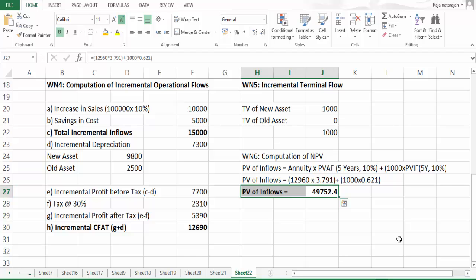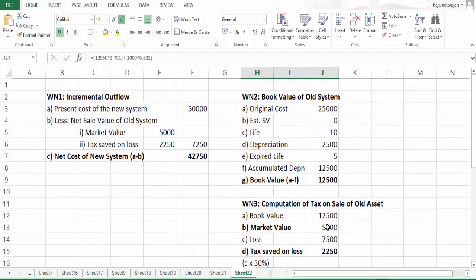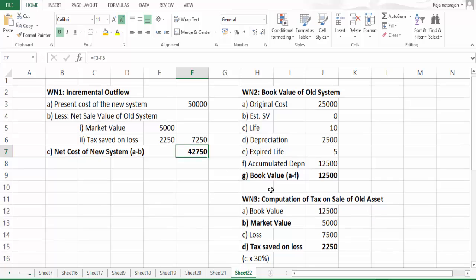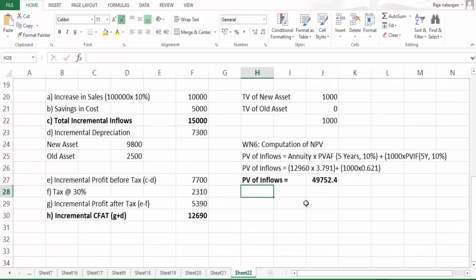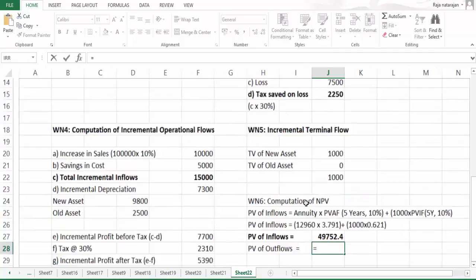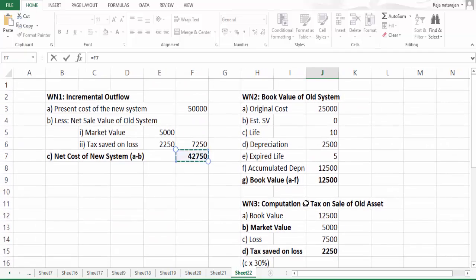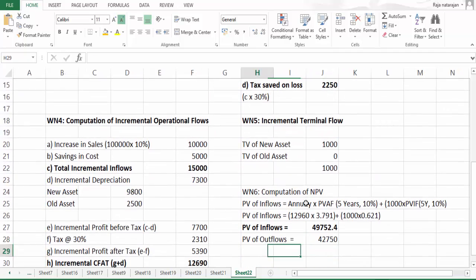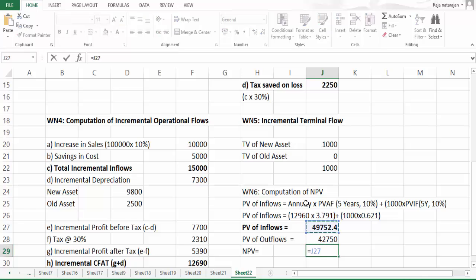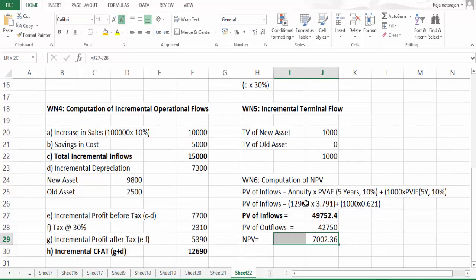Now this should be compared with the present value of outflow. So what is my incremental outflow? This is 42,750. So present value of outflows is equal to 42,750. So I should find out the NPV now. That's nothing but the PV of inflows minus PV of outflows. 49,752 minus 42,750. So I get NPV as 7,002.